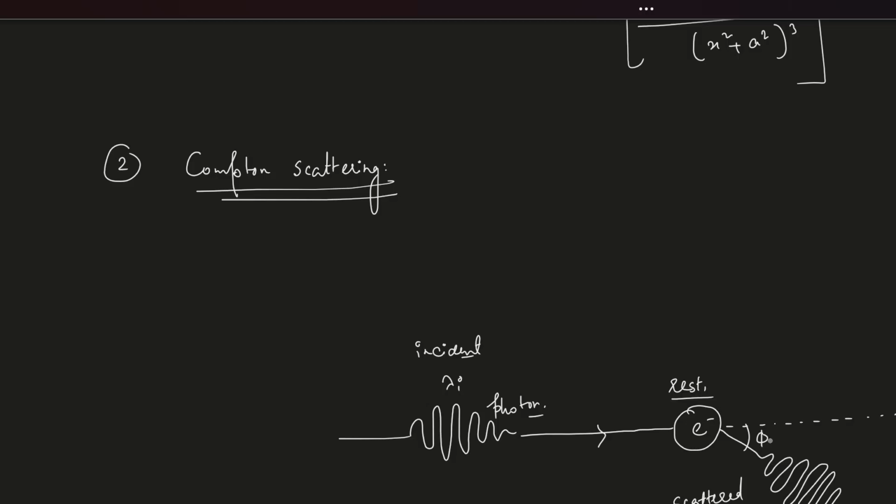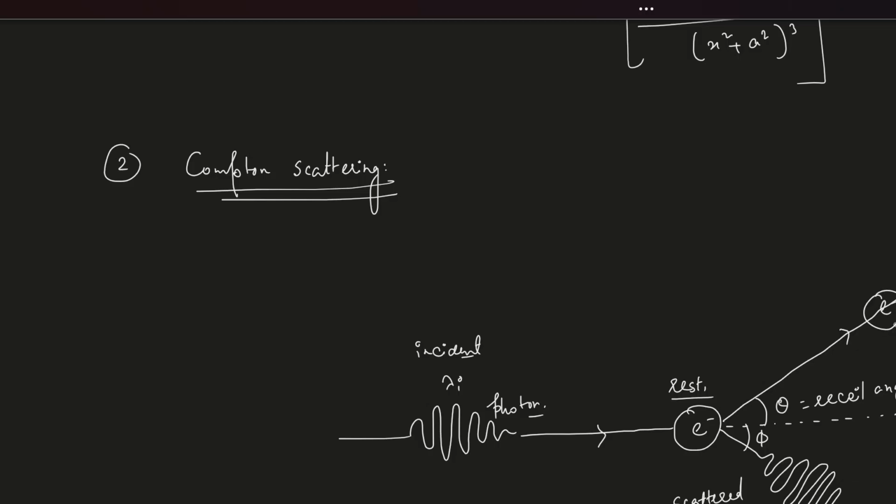Because the electron has also experienced this collision, it will have a recoil momentum, and because of that momentum it will recoil with some angle deviation theta from this plane. So theta is the recoil angle of the electron.